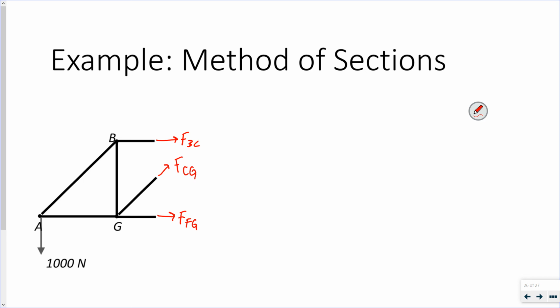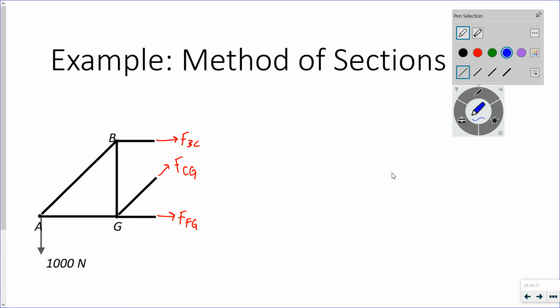Let's see. The easiest place to start would probably be the sum of the forces in the y direction, because the only member with a vertical component is FCG.